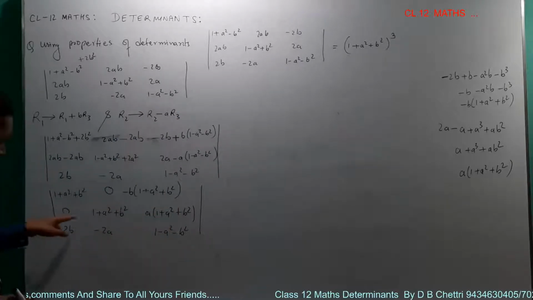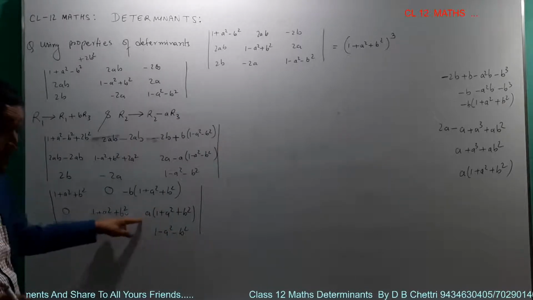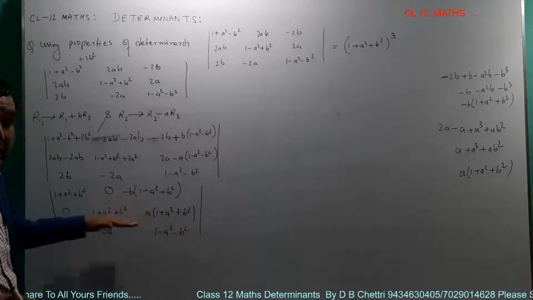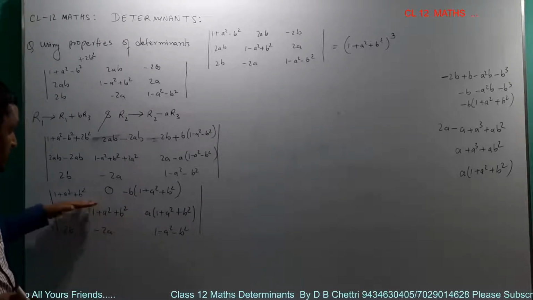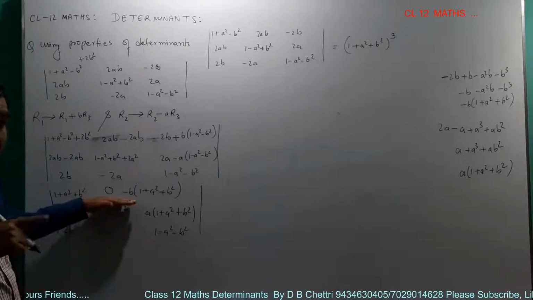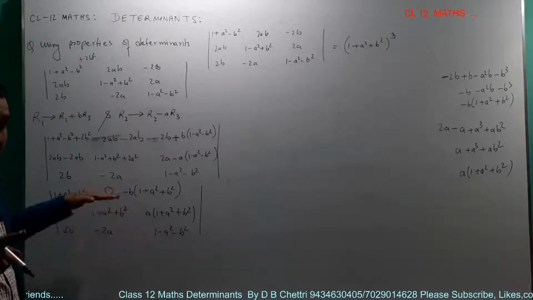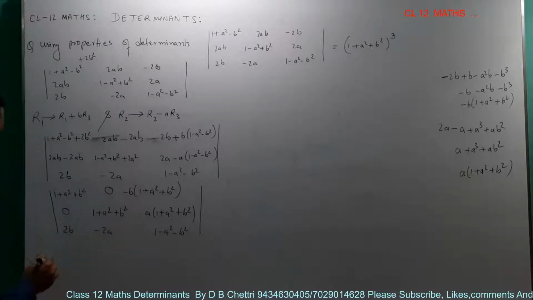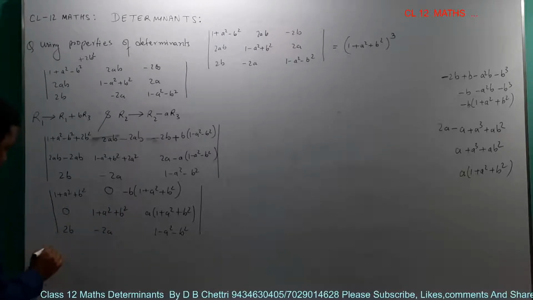Okay, and the same thing we can take common from R2 also. That means we are taking two factors, one factor from R1 and one factor from R2. If you are taking from one row, then one factor there, and another row means another factor. Altogether we are taking a square. Now whatever you are doing, please write it, mention it.